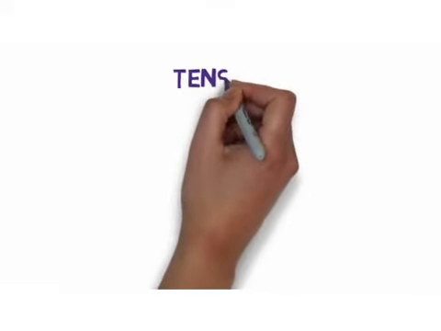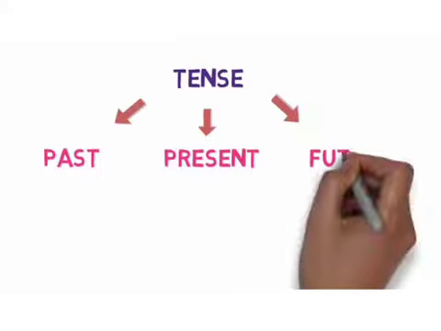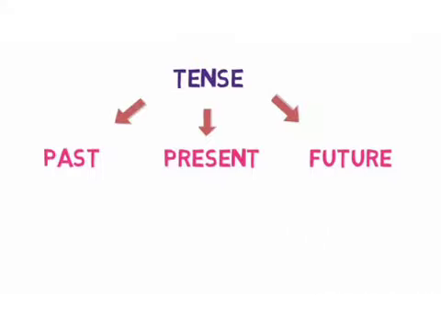Once again, let's recall what is tense. Tense has three types: past tense, present tense, and future tense. Consider tense as a parent, with past tense, present tense, and future tense as its children, and simple, continuous, perfect, and perfect continuous as the grandchildren of tense.